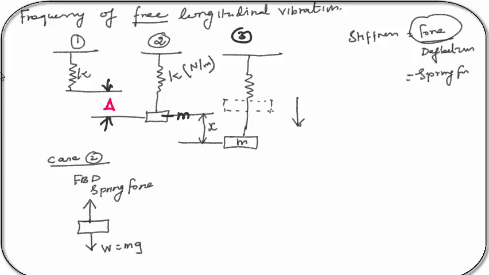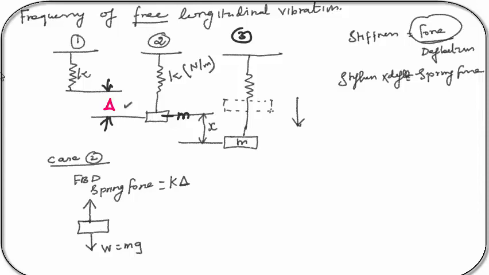If you want to know the spring force, you need to multiply the stiffness with the deflection. Here the stiffness is K, and the deflection is delta.